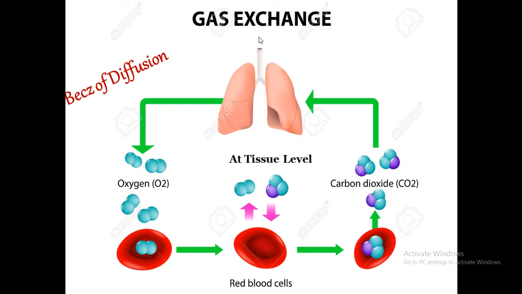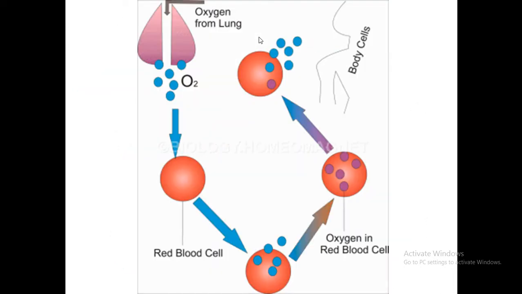This function is explained through an animation also. In this animation, you can see the oxygen coming from the lungs that is picked up by the RBC. As RBC is picking the oxygen, you can check the change in the color of the RBC.